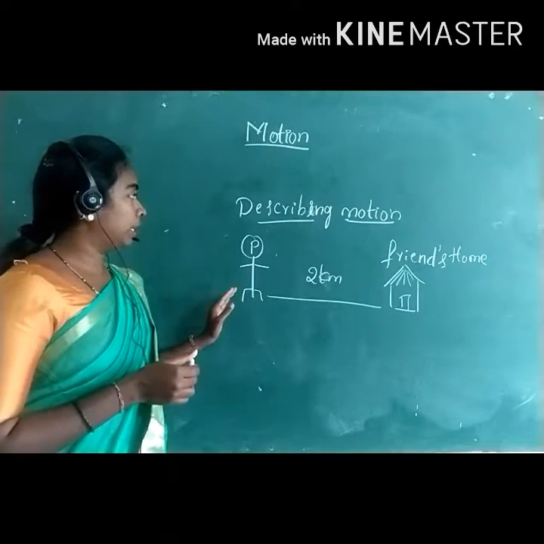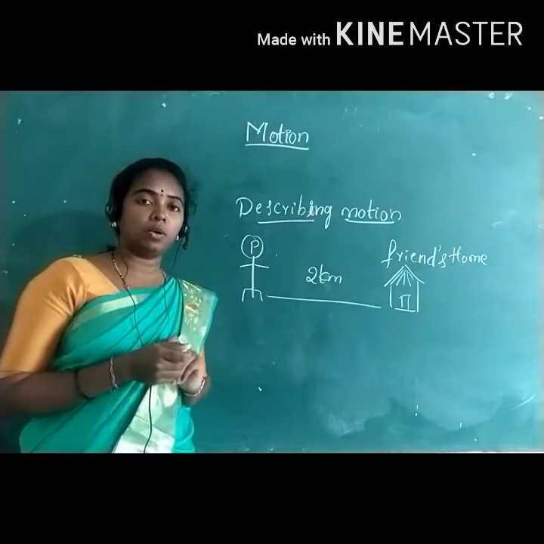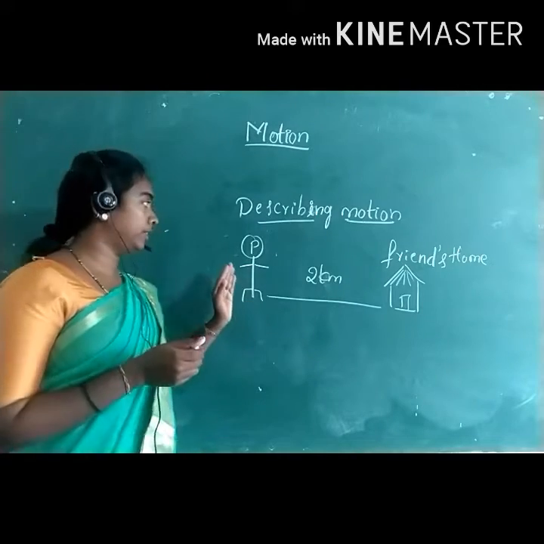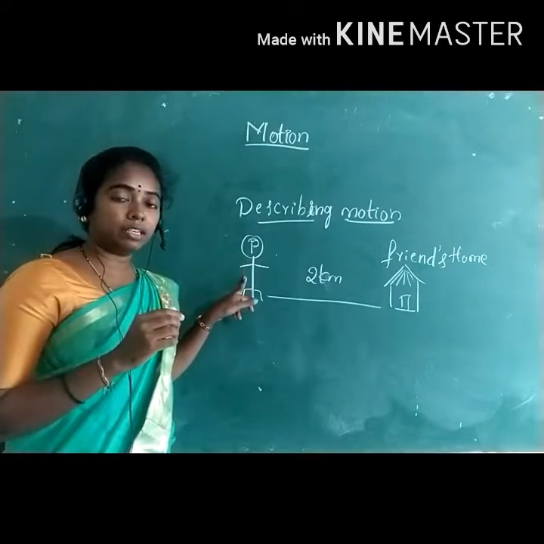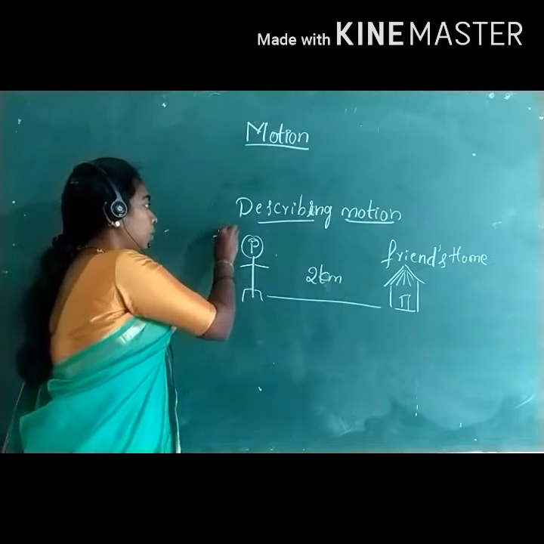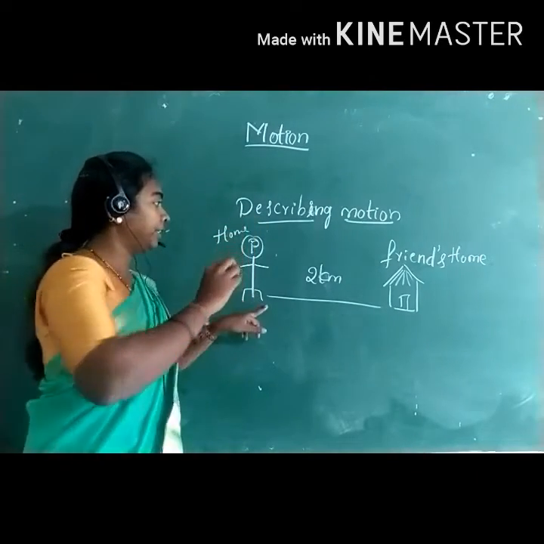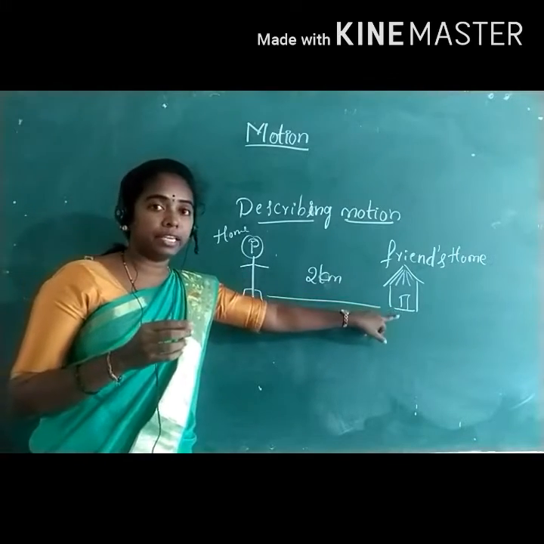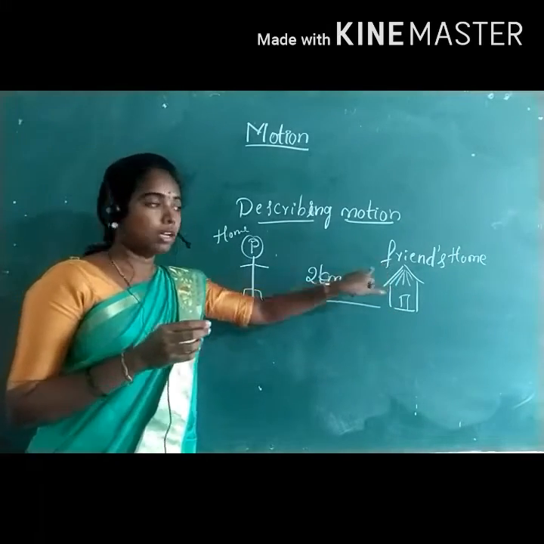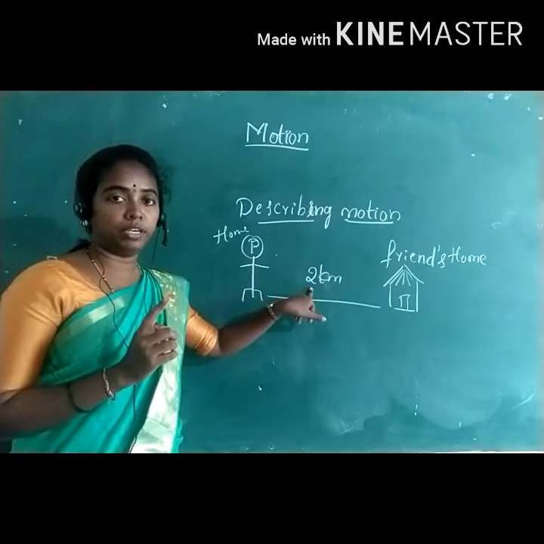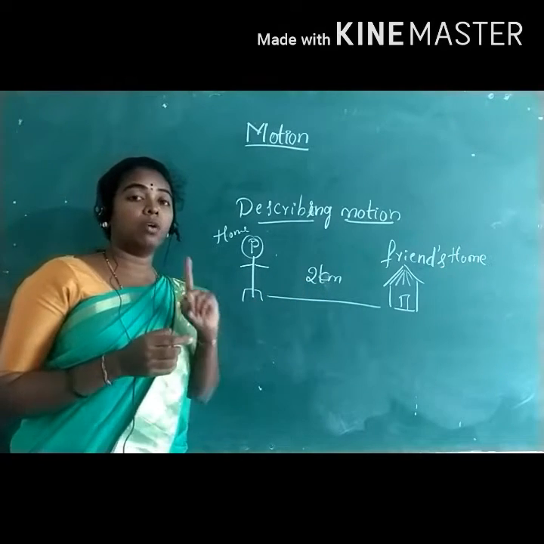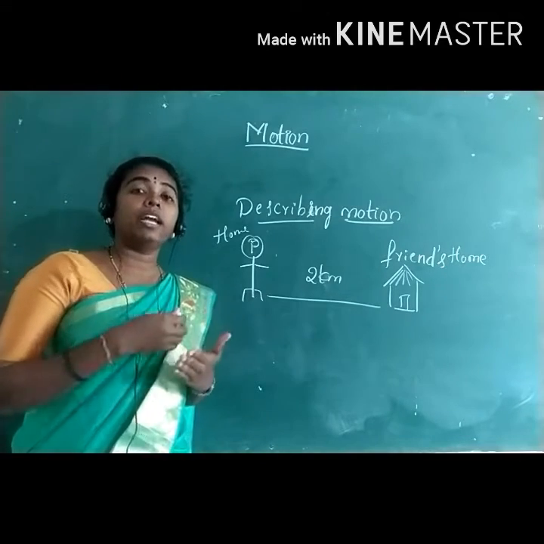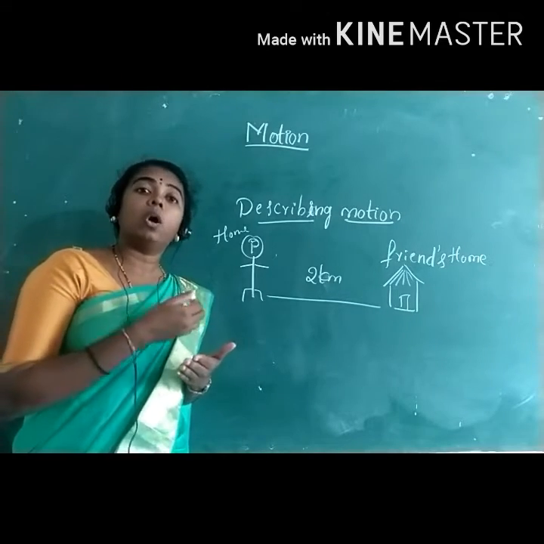Now here we are going to describe the motion. How are we going to describe the motion? I'll take an example of a person P. He starts his journey from his home and travels till he reaches his friend's home. I have mentioned 2 kilometers. How can I tell that it is 2 kilometers? I have to take one reference or initial point, or origin.